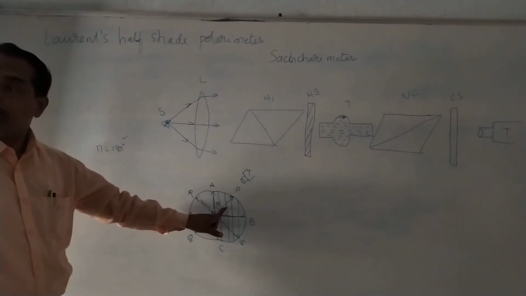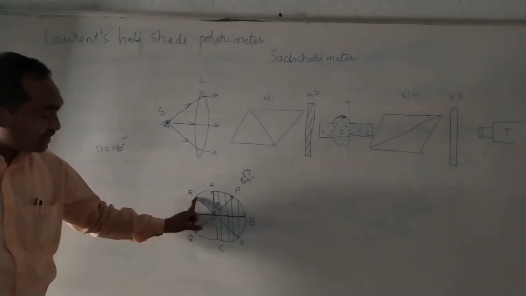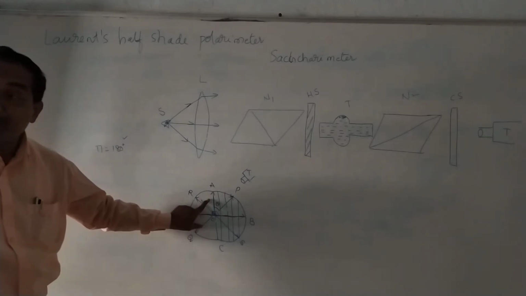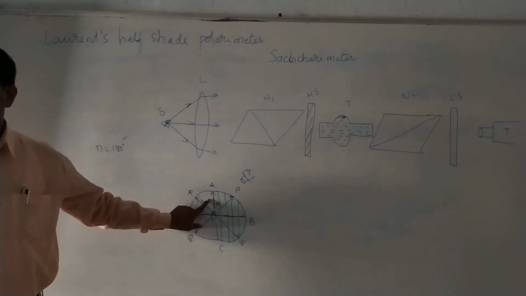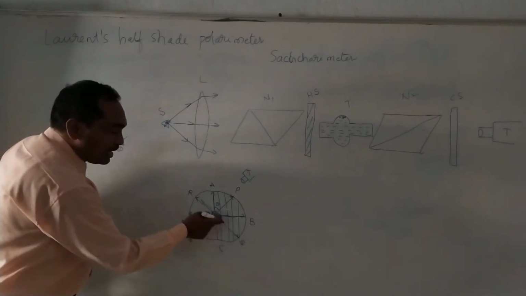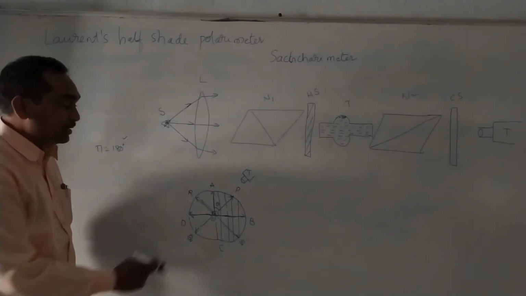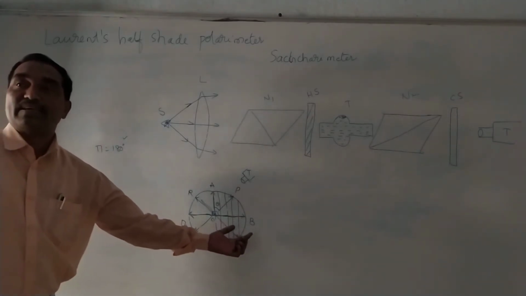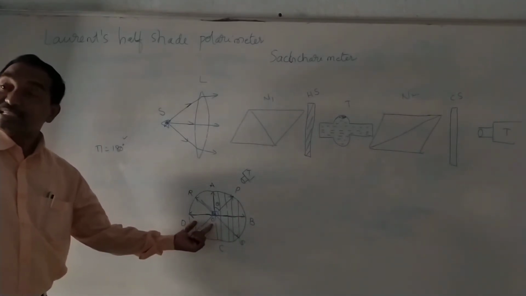In this position, the resultant ray is along RS. So ADC looks bright because the rays are coming along RS, and ABC is dark. So half of the device is dark, half of the device is bright.